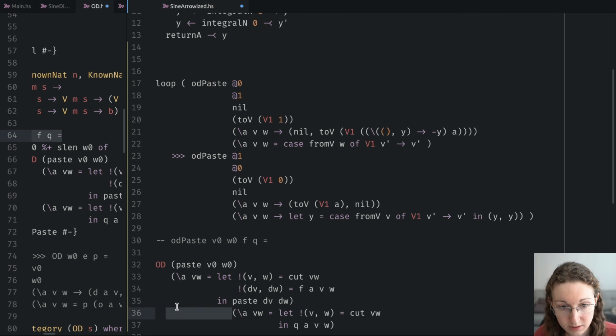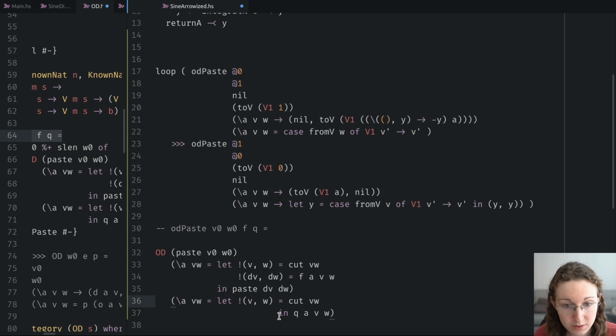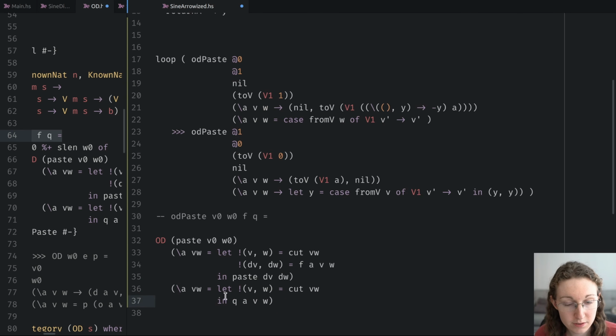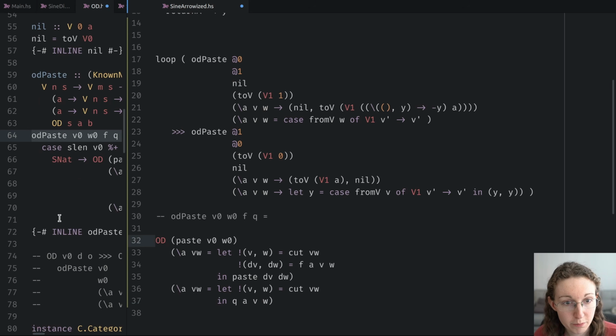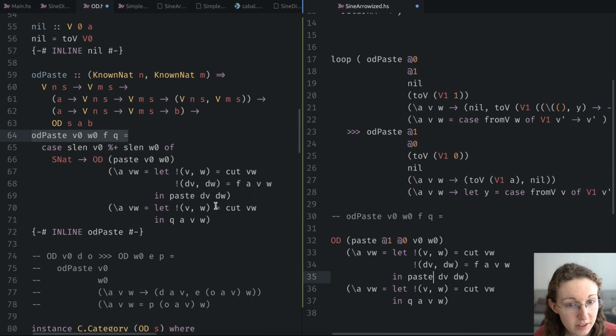And the type level arguments end up going in here for these two calls to paste. So this is where we're going to have this here, and I need to remember exactly what's going on here because this is just pasting the two arguments directly.